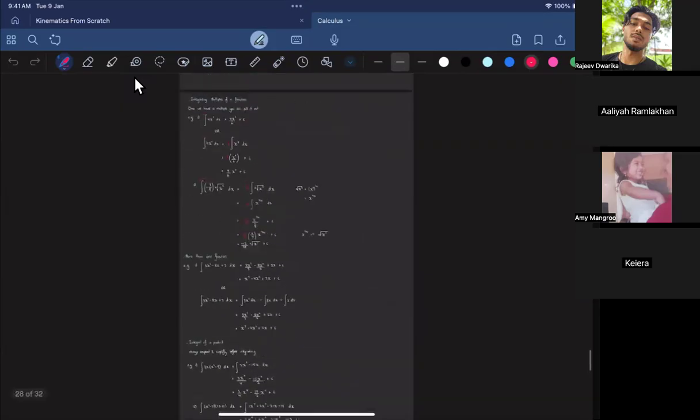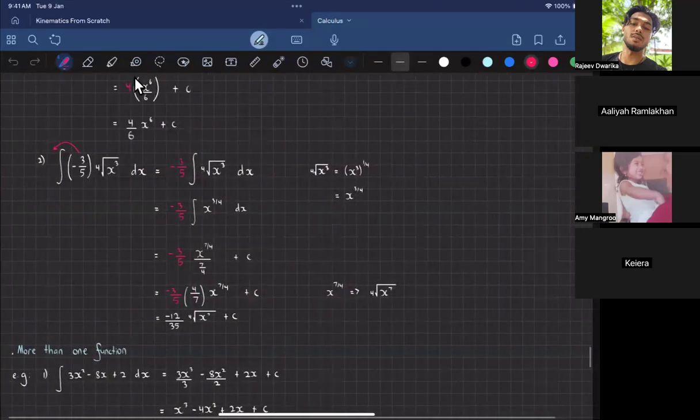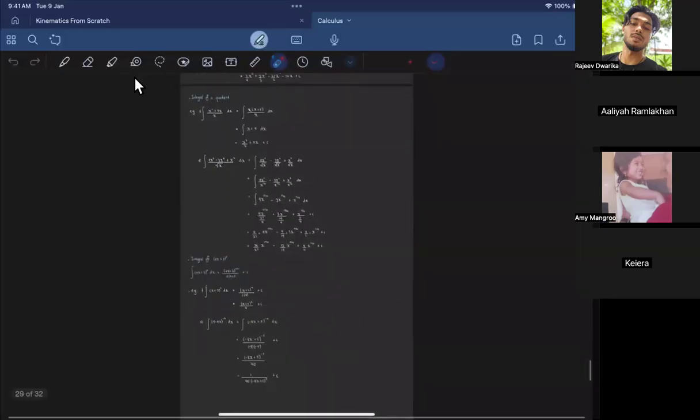I showed you all how to integrate most cases. And what is indefinite integration? Indefinite integration is integration without limits. Alia, if it's indefinite integration, we have to add plus C to the end, because we need to cater for any lost constants.